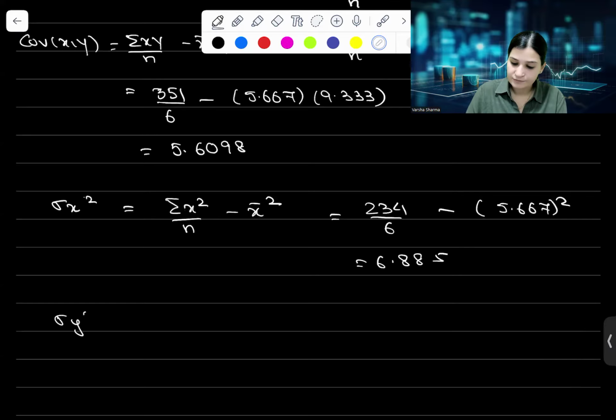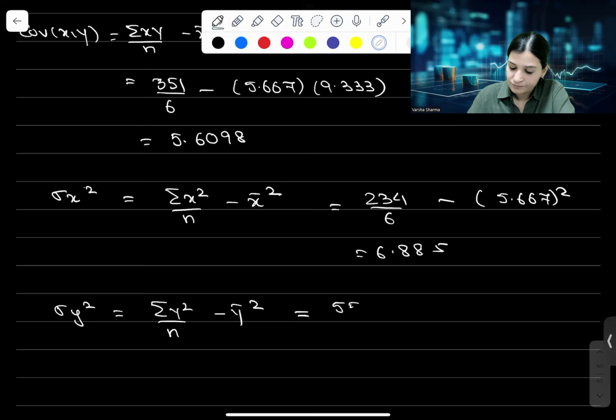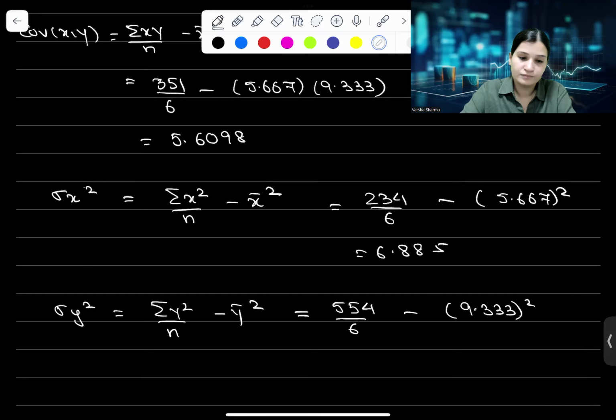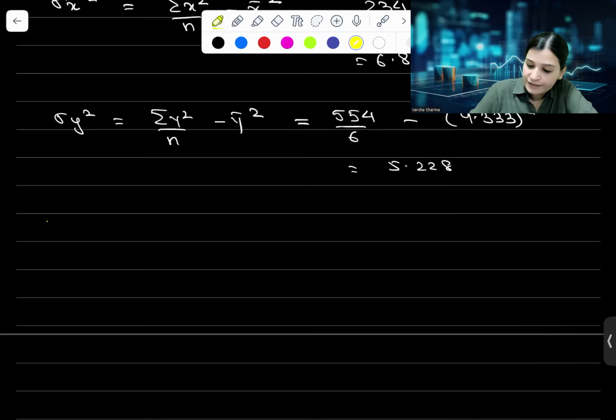Then variance of y. Summation y square by n minus y bar square: 5.228. Done? Okay. Now we will first find y on x.